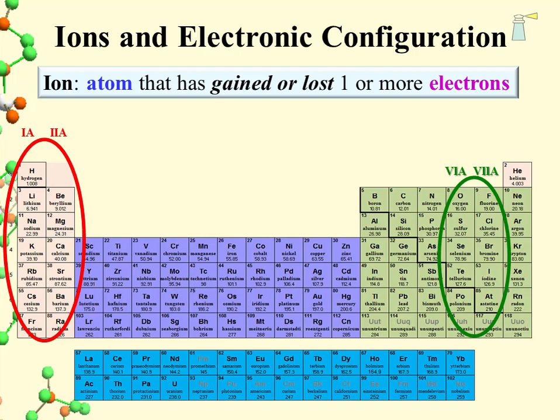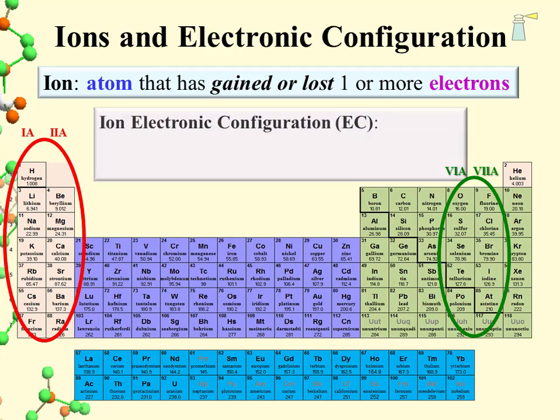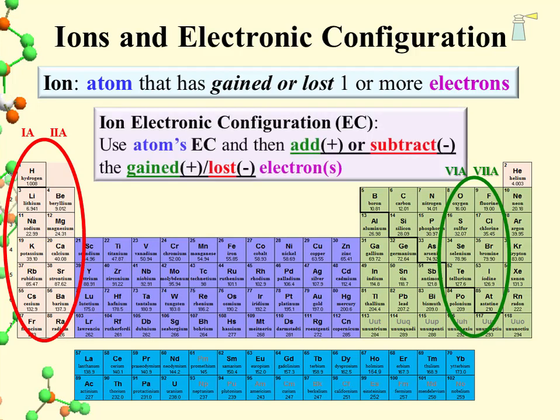Since ions by their very definition have a different number of electrons than the corresponding atom, they must have different ECs. To get an electronic configuration, use the atom's EC and then add or subtract the gained or lost electron or electrons.